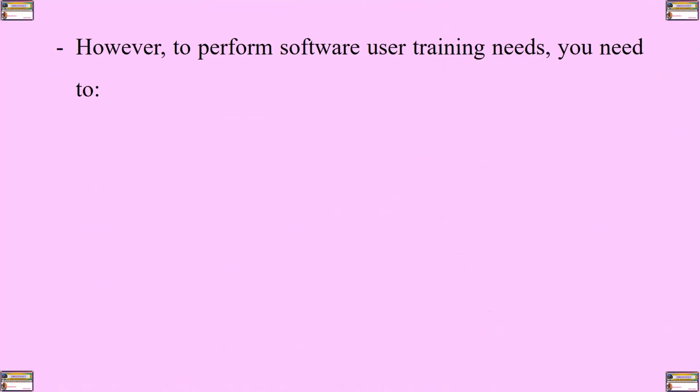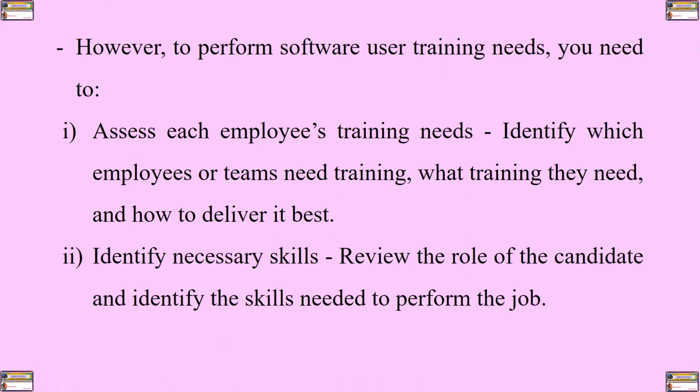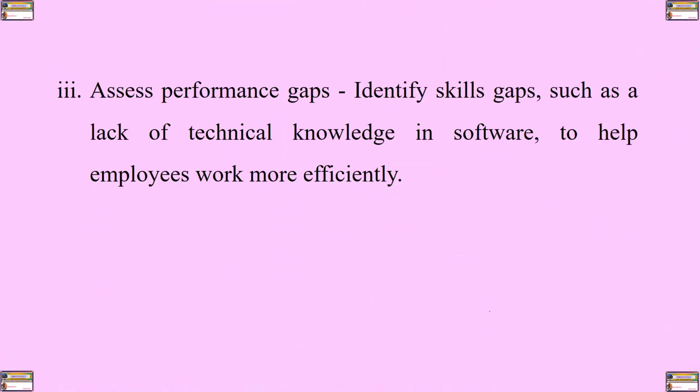However, to perform software user training needs, you need to assess each employee's training needs. Identify which employees or teams need training, what training they need, and how to deliver it best. Then identify necessary skills. Review the role of the candidate and identify the skills that he or she needs to perform the job.